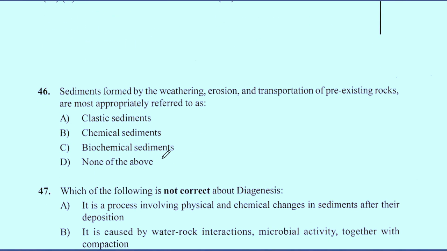Next question is sediments formed by weathering, erosion, transportation. I already asked one question regarding this. What do we call this whole process? Weathering is in situ. But the whole process, what do we call it?